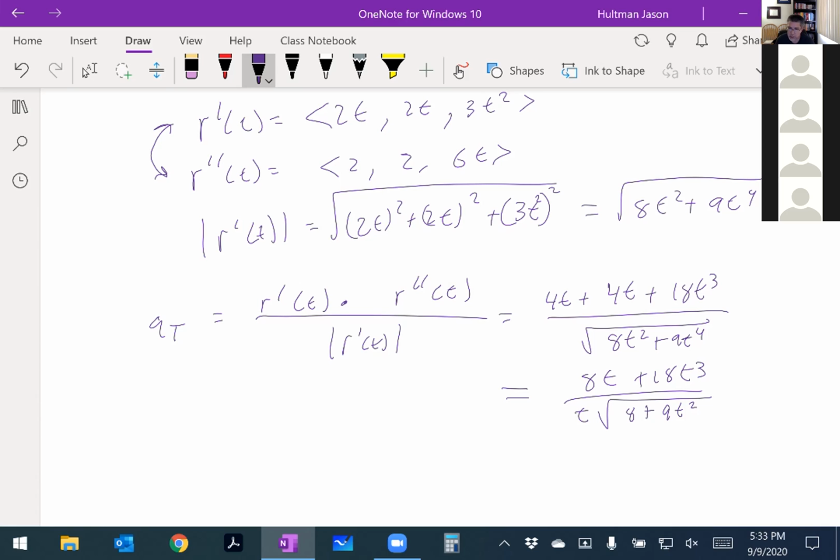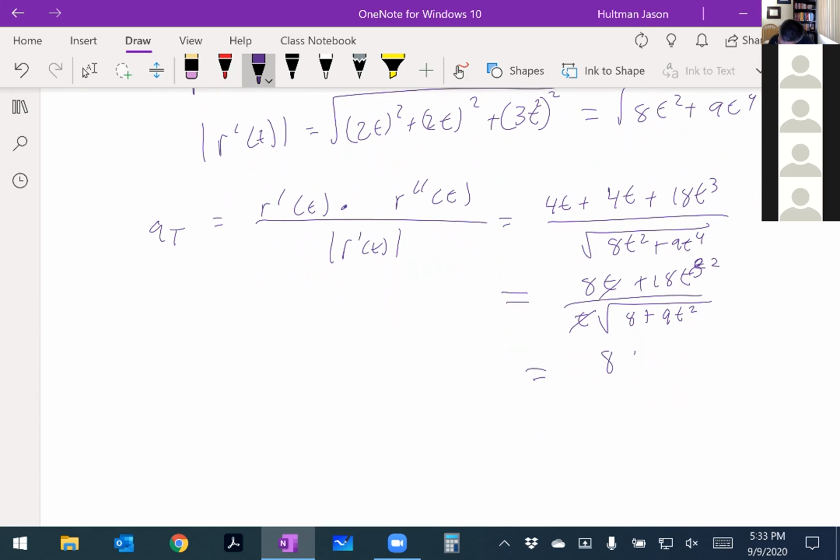So I just factored out a t, pulled it out in front. And what is that going to do? That's going to cancel with one of these t's. So this is going to be equal to 8 plus 18t squared all over the square root of 8 plus 9t squared. And that's as far as I can go with that one.